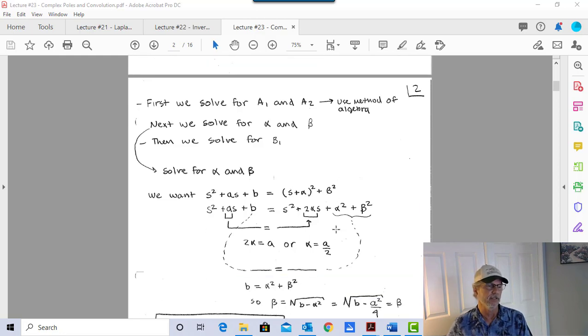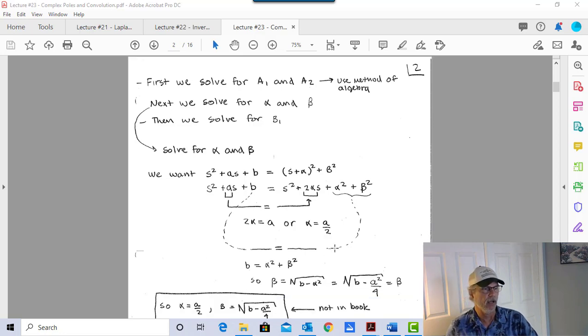So what I'm going to do is just solve it by equating coefficients. On this side, I have an a times s. And on this side, when I multiply it out, I have a 2 alpha. All right, so 2 alpha is equal to a, or alpha equals a over 2.